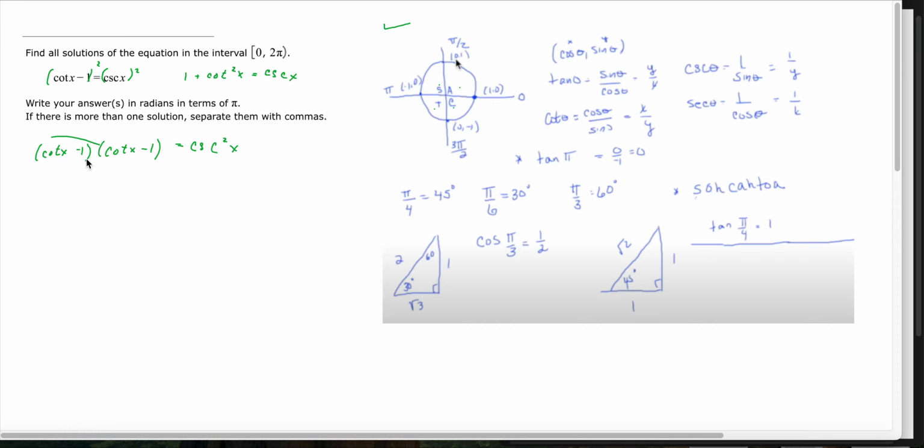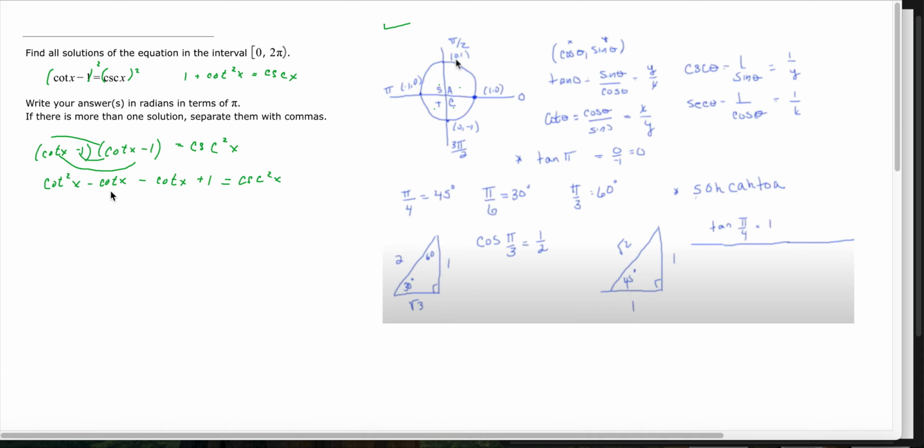So cotangent times cotangent is cotangent squared x. Outside would give me minus, so negative 1 times cotangent x is minus cotangent x. Inside would be exactly the same, minus cotangent x. And then last, negative 1 times negative 1 would give me a positive 1. And that equals cosecant squared x.